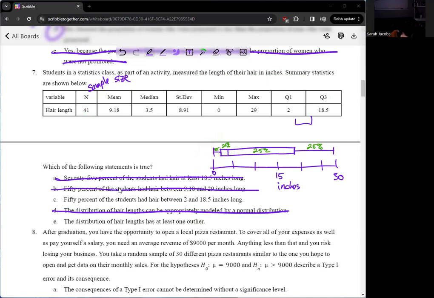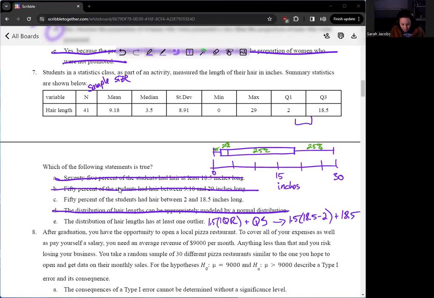So we're going to take the IQR times 1.5, and then we're going to add that to Q3. In this case, our IQR is 18.5 minus 2. So 1.5 times (18.5 minus 2) plus 18.5.